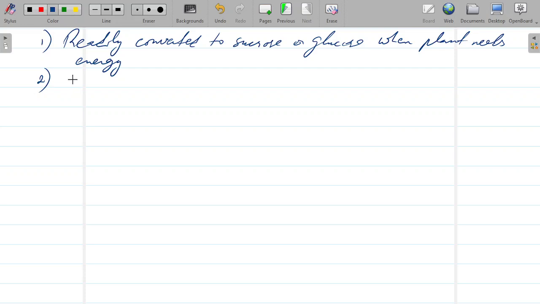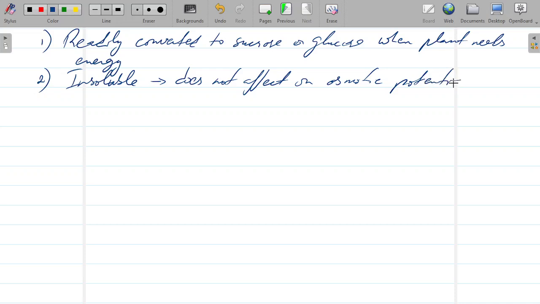And secondly, it is insoluble, which means it does not have an effect on the osmotic potential, which basically means it's not going to cause any movement of water.